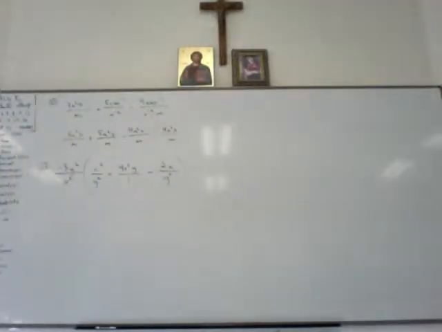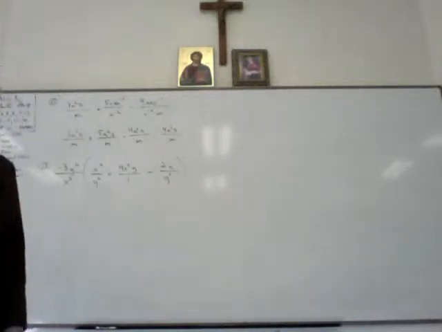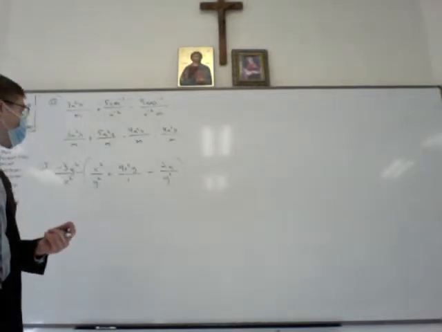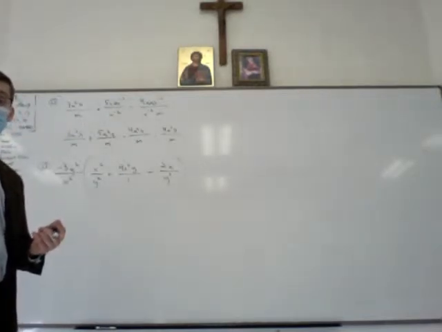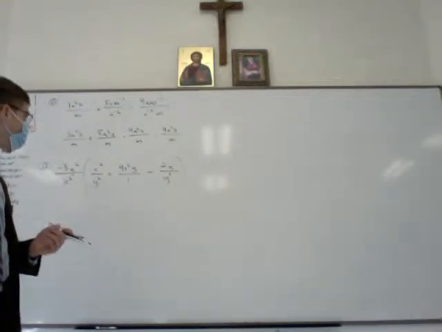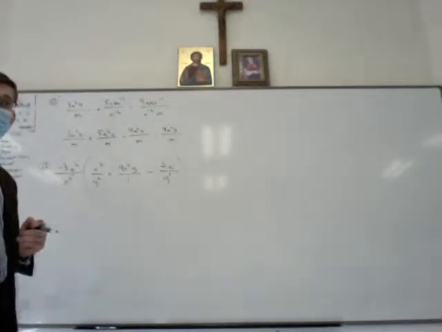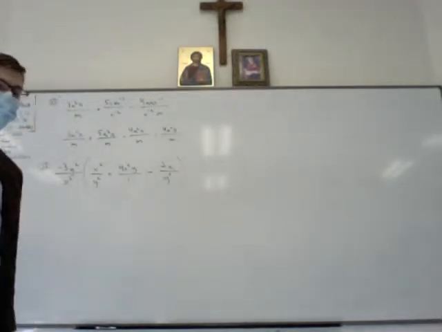Now what do I do? Distribute. Now I'll use the distributive property. So what do I do first to do that? Would you add the exponents? How does the distributive property work?